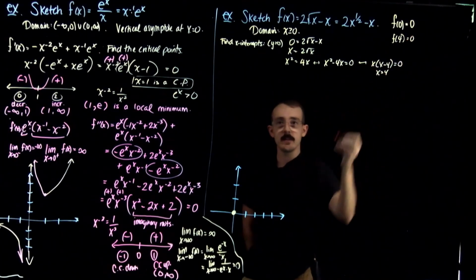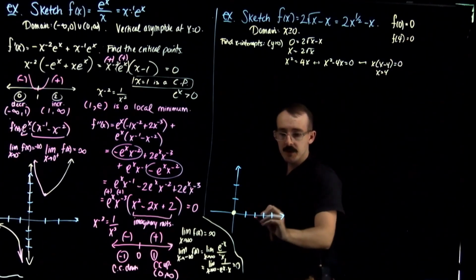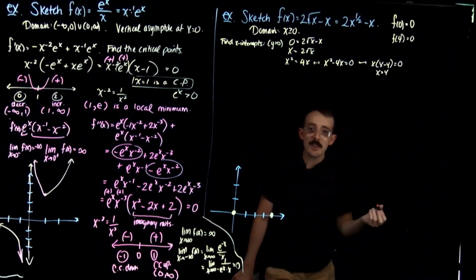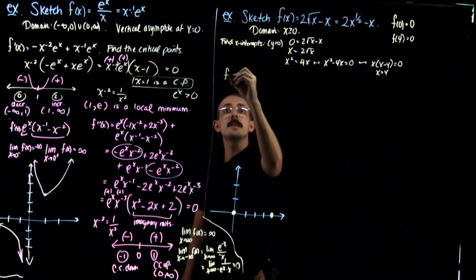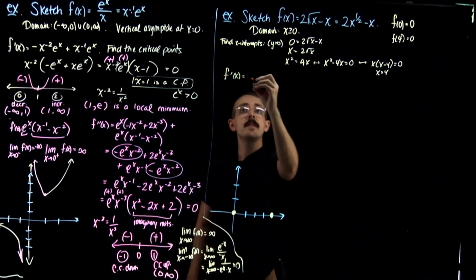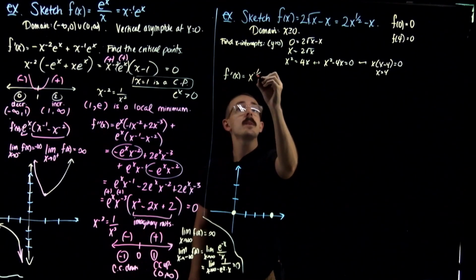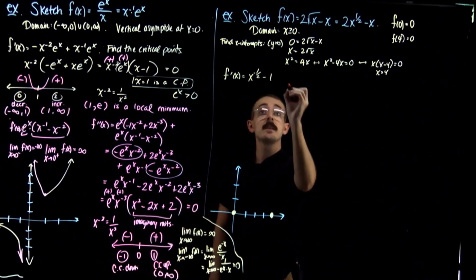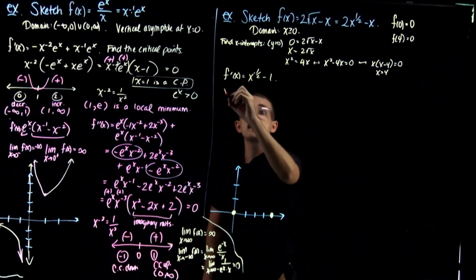f of 4 is 0. So right here, 1, 2, 3, 4, I'll go over to 4 and plot another point. It's a good start. Let's get the derivative, though, just to see if we can find out more about this graph. If I take the derivative of this, it's going to be x to the negative 1/2 minus 1. I want the critical points, so we're going to set this equal to 0.